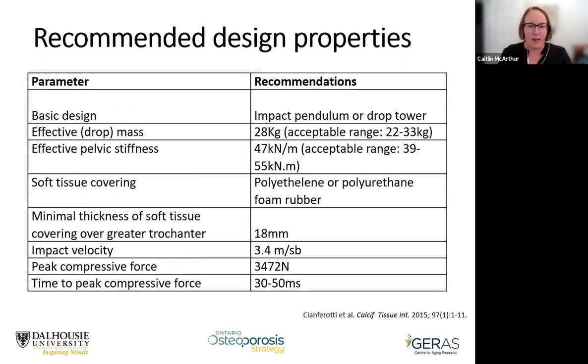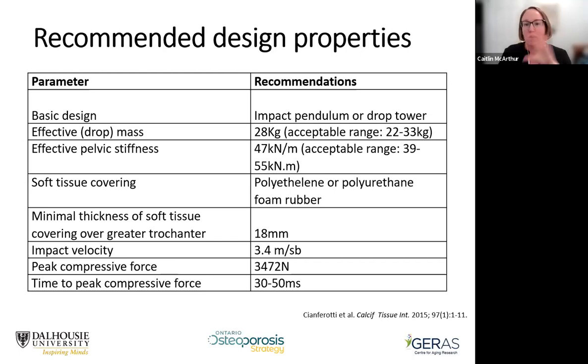So, recommended design properties. Hip protectors undergo standard biomechanical laboratory testing in a preclinical setting in order to measure and optimize their biomechanical properties before they're allowed to be studied in humans. There's an international hip protector research group that has developed some evidence-based recommendations to properly test the biomechanical efficacy and performance of hip protectors.